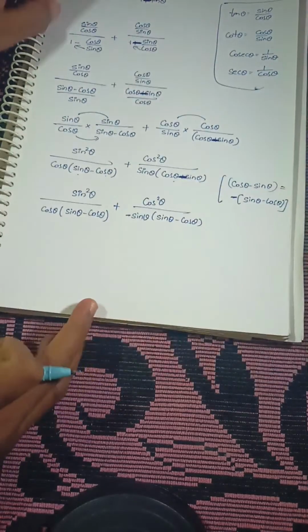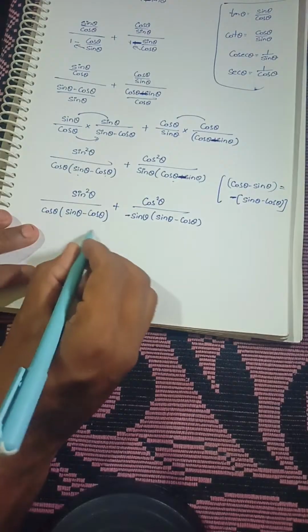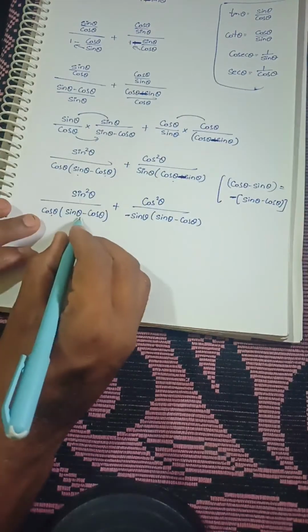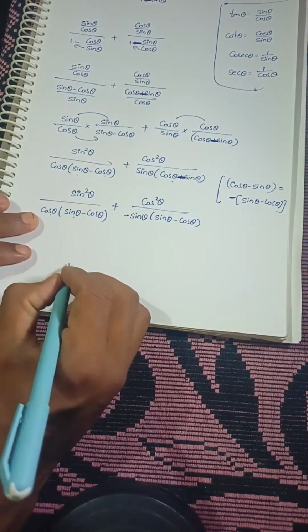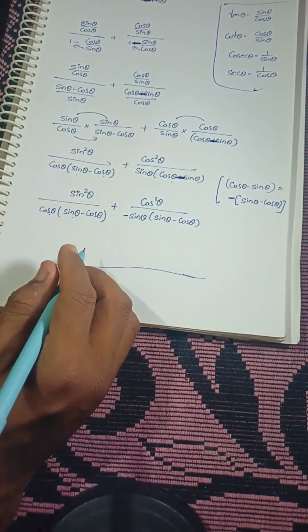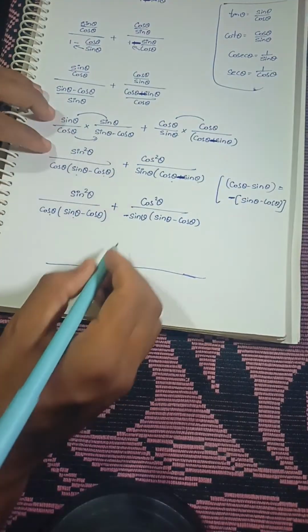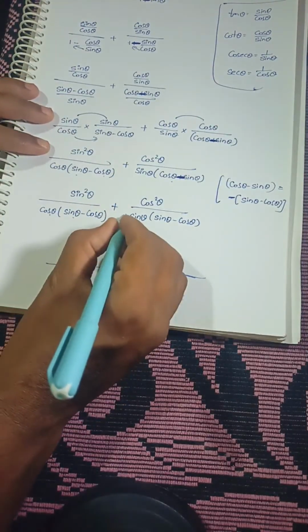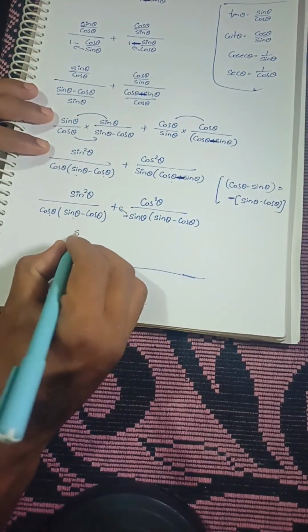Now see, here you can see the denominators. Here cos is there, sin theta minus cos theta. So if I write in the denominator, see carefully, both we are having minus. That minus we are taking to the numerator. What does it become? I am writing minus multiplying here. What has become?